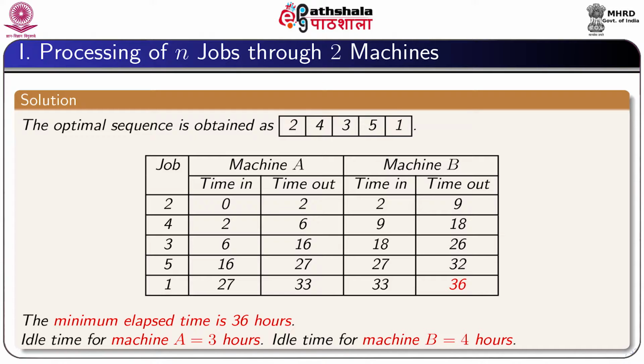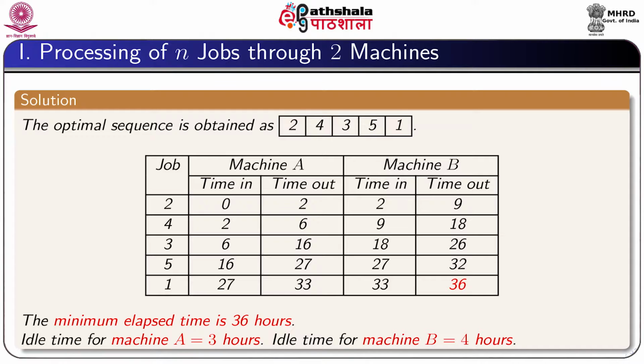From this optimal sequence, we can find the minimum elapsed time, and for this we compute the results as shown in the table. We have the job sequence 2, 4, 3, 5 and 1, and then for machine A we have time in and time out.